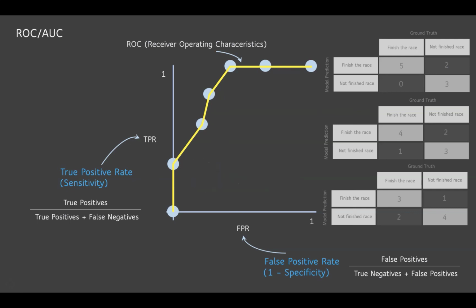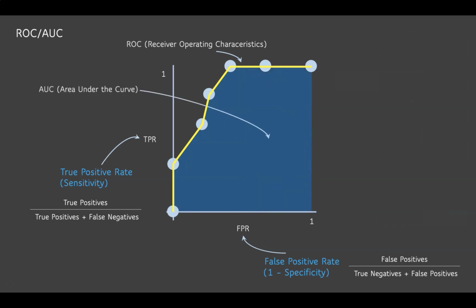Now, for the understanding of the full picture, we have quickly discussed AUC, which stands for area under the curve. This area under the curve represents generally how well this model overall is good at separating between different classes. The larger area under the curve is better. In the real world, we are trying to maximize that as much as possible.